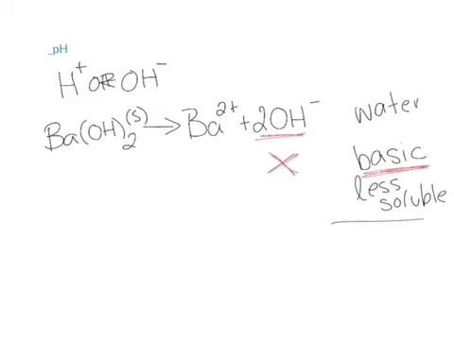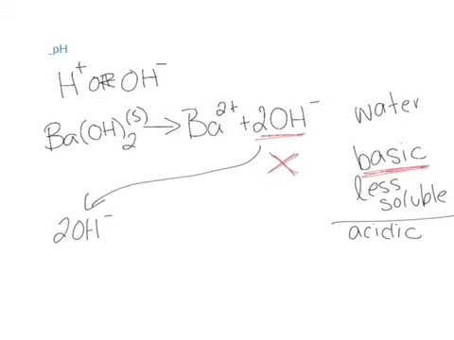Now, what if we put this same barium hydroxide into an acidic solution? What would happen then? Well, the formation of the 2 OH minus would come from the barium hydroxide dissociating in water. This 2 OH minus would interact with the H plus that's present in that acidic solution.